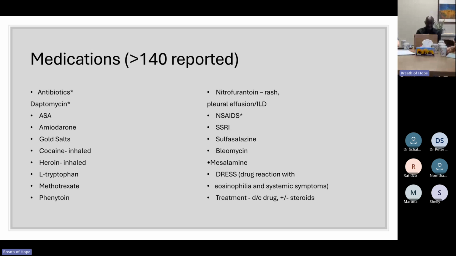Medications, of course, are also known to cause eosinophilia.